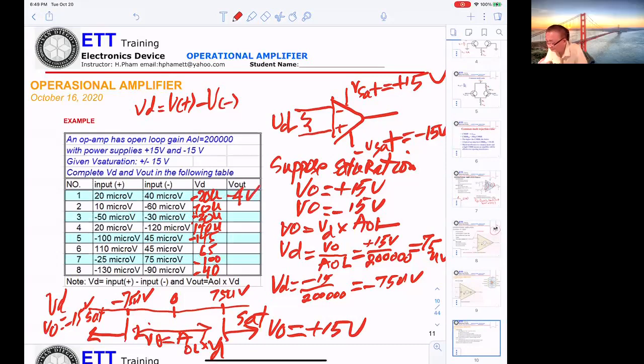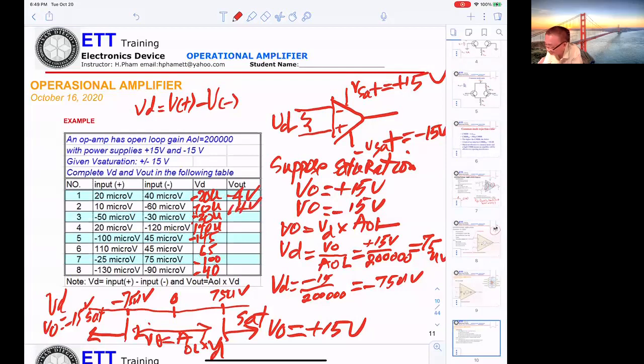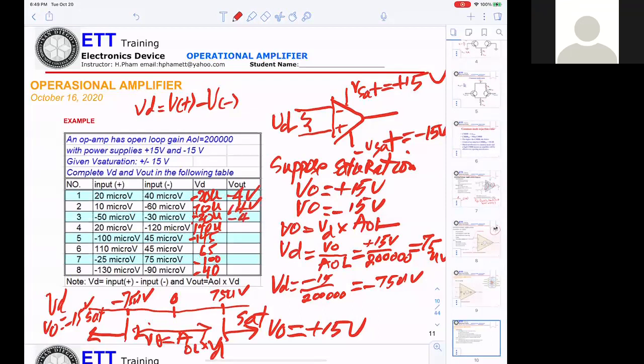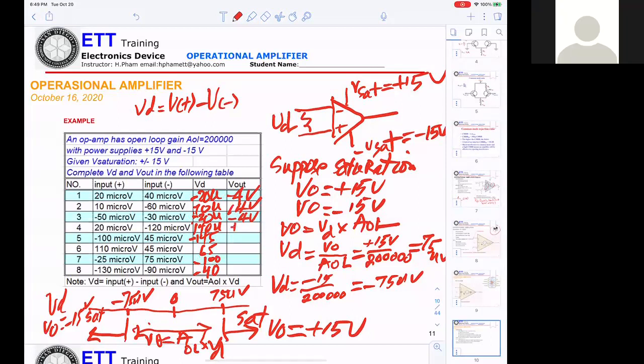Next one. 14 volt. Next one. Minus 4, right? Next one. Plus 15. Perfect. Next one.